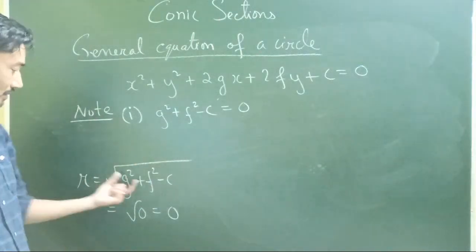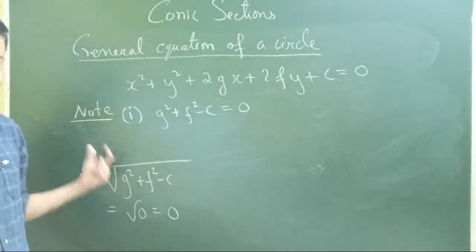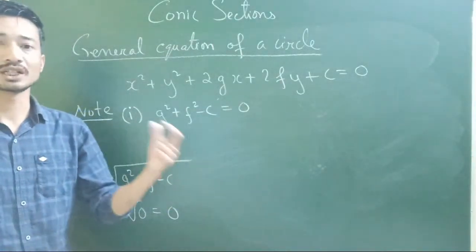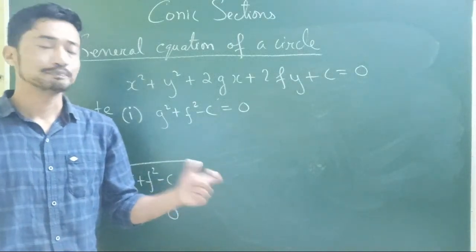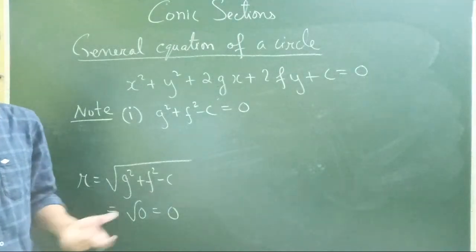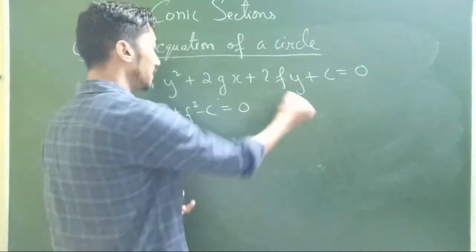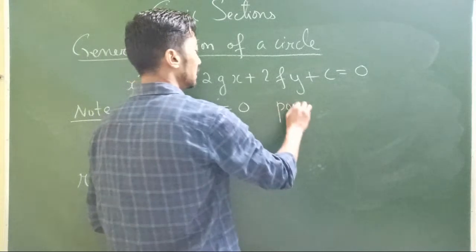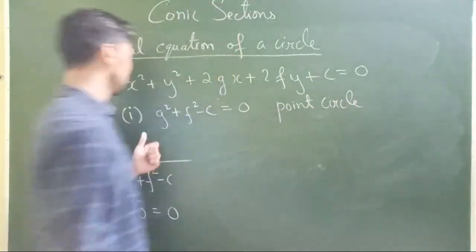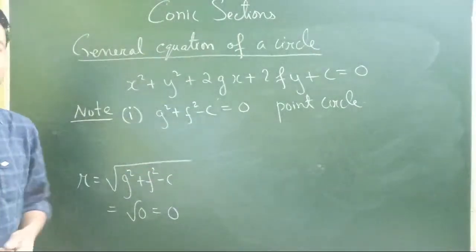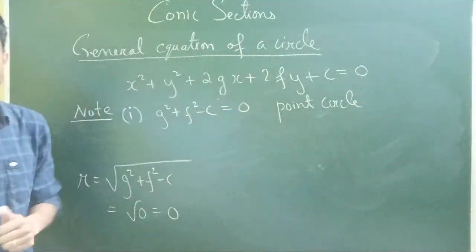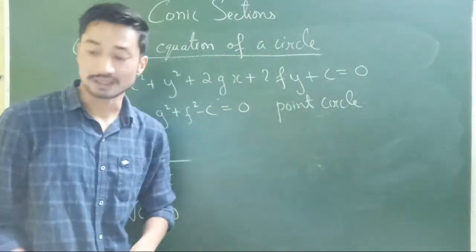So if the value of g square plus f square minus c is 0, then the radius will not exist, and we will continue to mention that the above equation represents a point circle. So if g square plus f square minus c equals 0, then the given equation will represent a point circle.